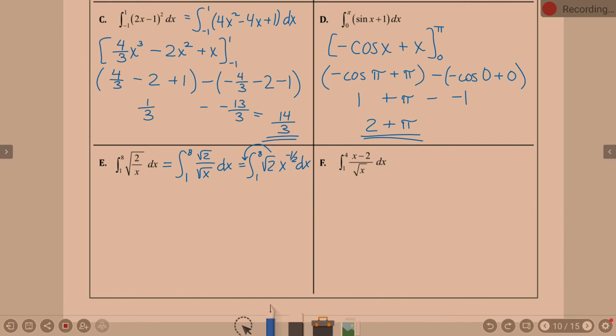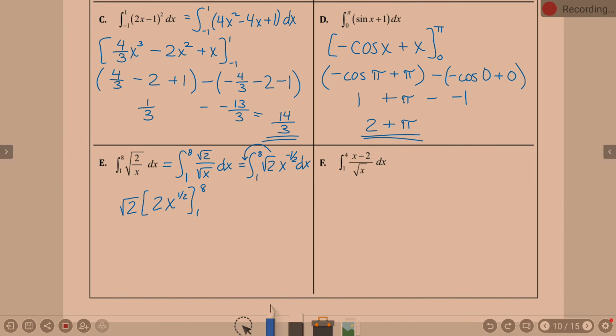So whatever I do, it's going to be square root of 2 times something, right? Integral of x to the negative 1/2. Add 1 to the power, divide by the new power. So I already have the square root of 2 out front, and then it's 2x to the 1/2.